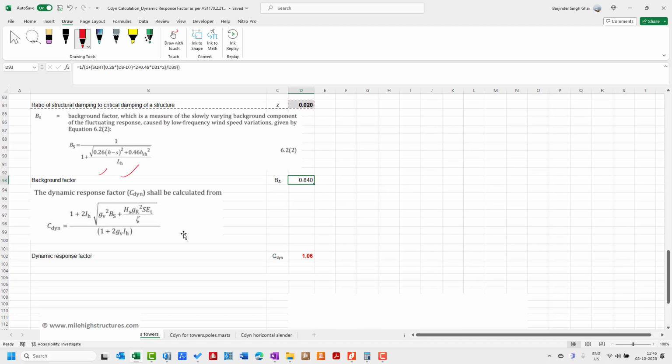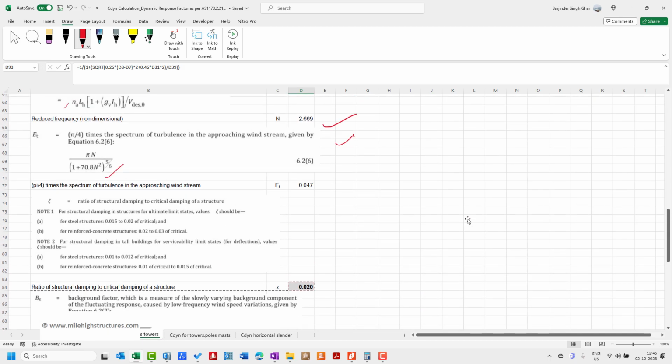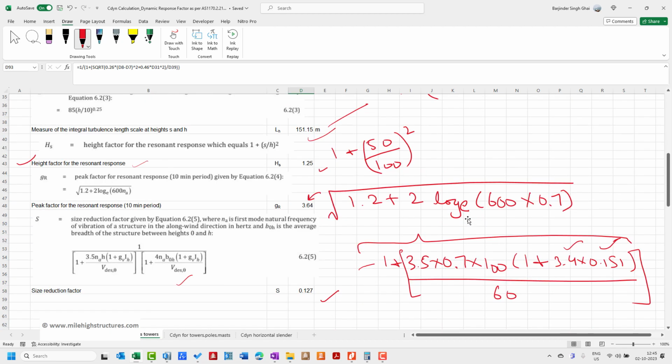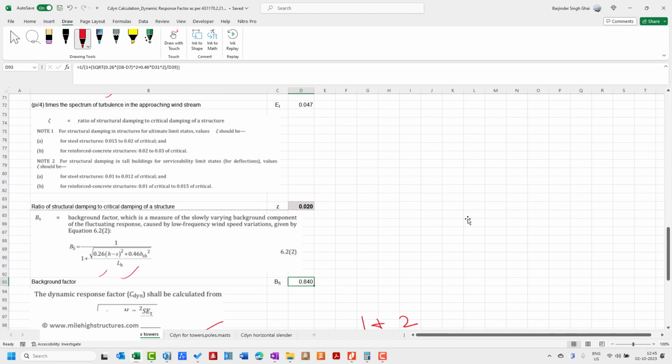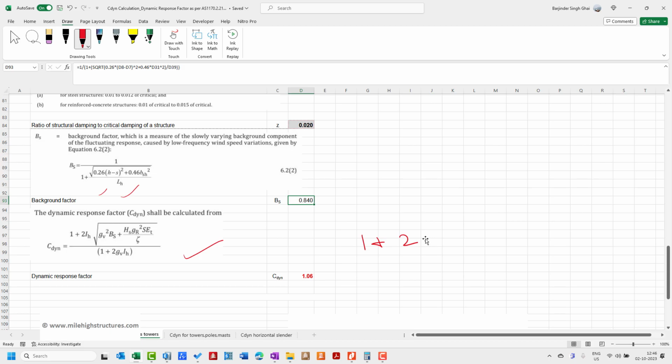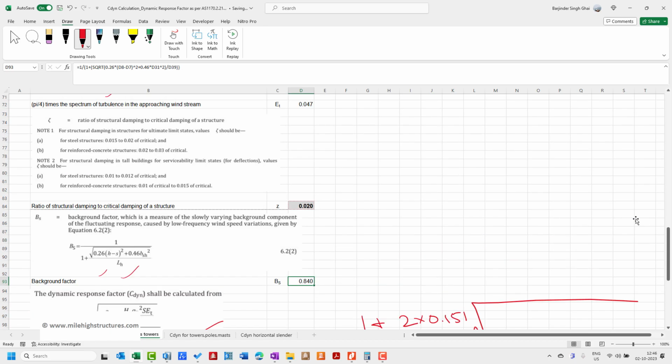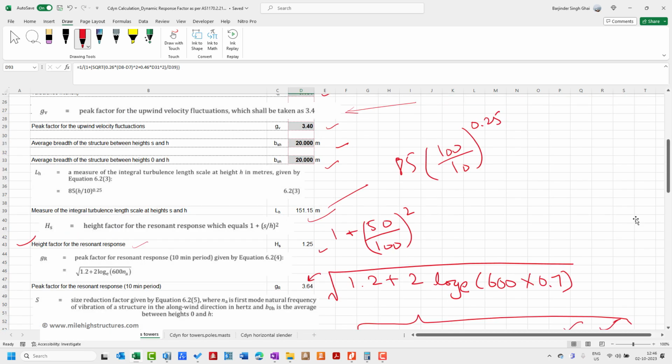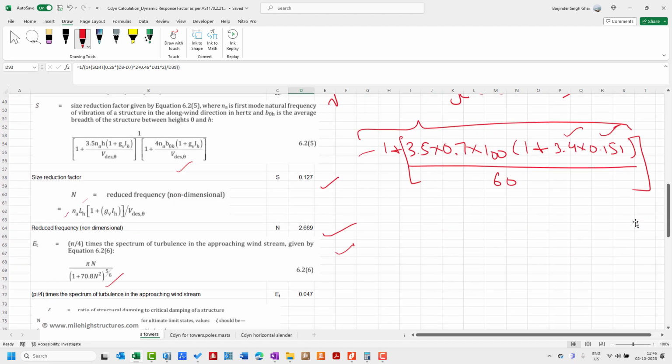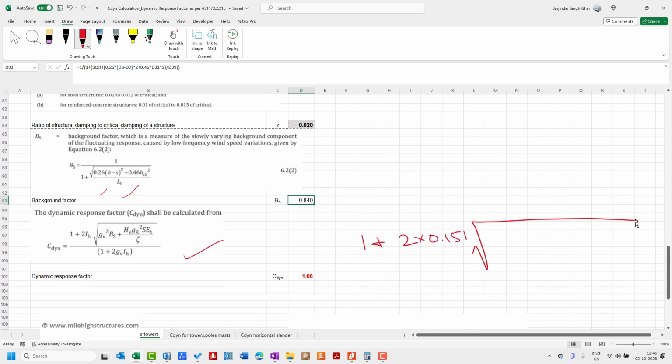After that, the major equation comes where we have to put all of these values that we have calculated above. 1 plus 2 IH. IH we have already calculated above as 0.151. Square root of GV square into BS. GV value here is 3.4, and the value of BS here is 0.84.